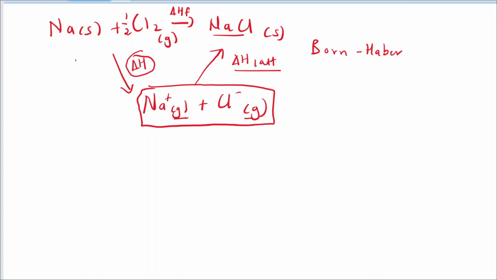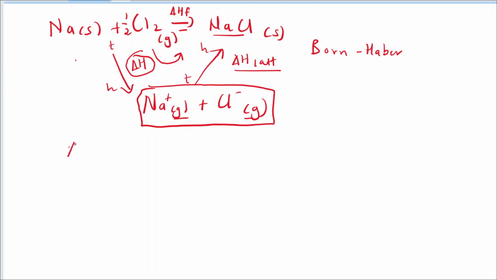So before we actually do that, let's make a general equation out of this. Remember the vector law: if this is the tail and this is the head, and then this is the tail and this is the head, we can combine these two vectors to form the main one, right? So delta H plus delta H lattice will give you delta H of formation.